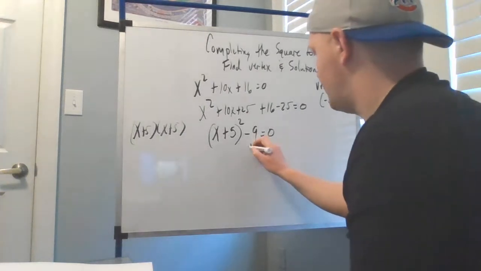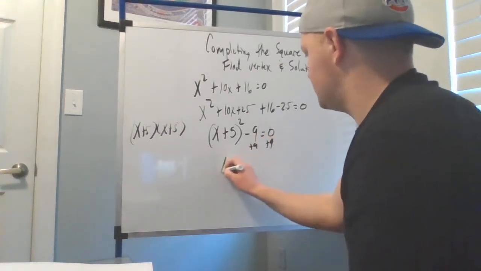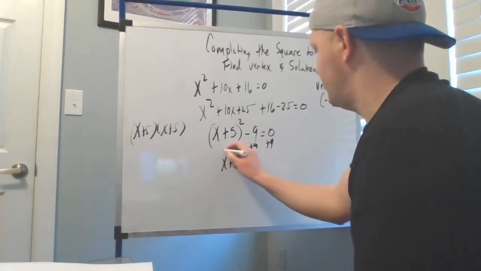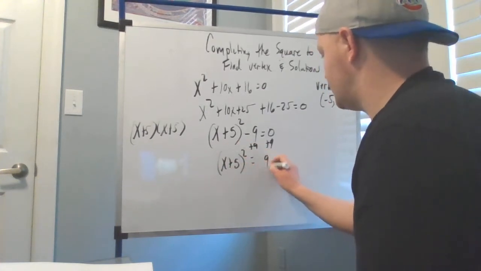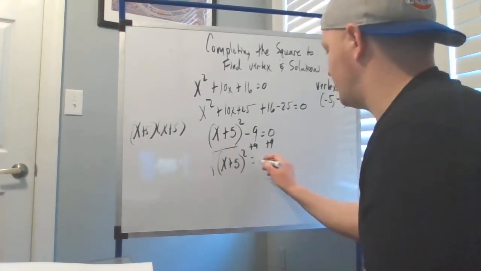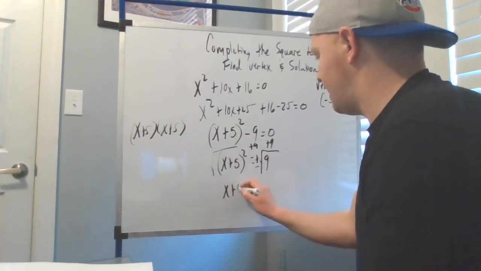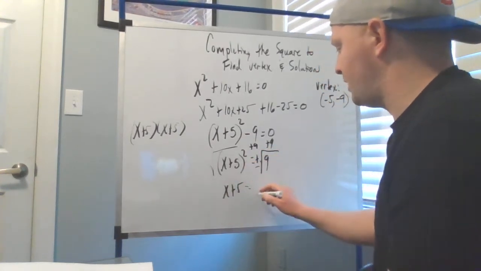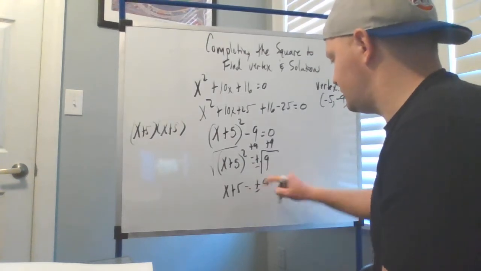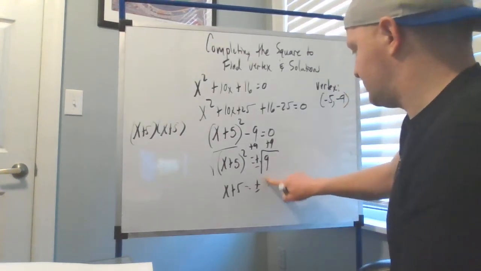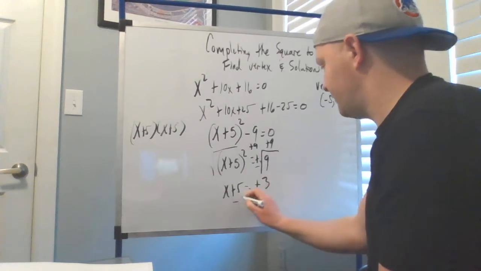Okay? I'm going to add 9 to both sides. So I got x plus 5 squared equals 9. I take the square root of both sides. Remember to do plus or minus here. So now I got x plus 5, because that gets rid of the square, equals plus or minus 3. Okay?